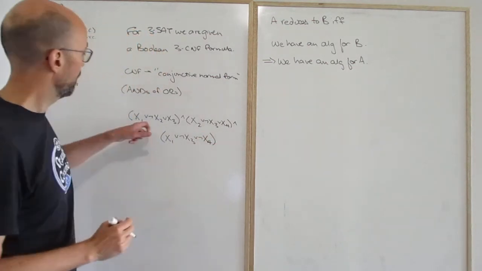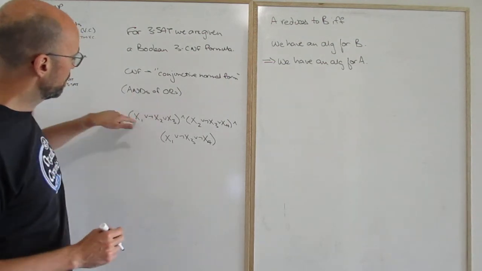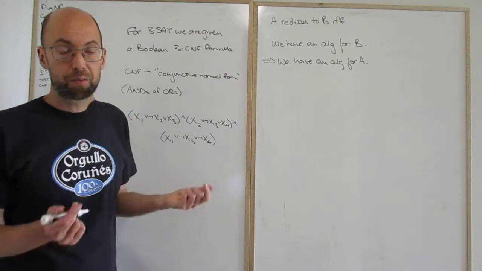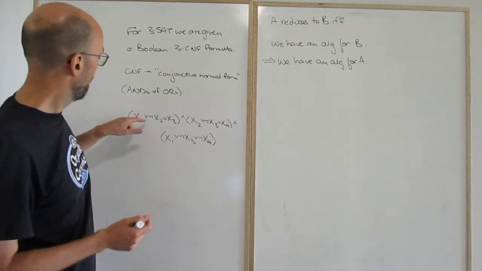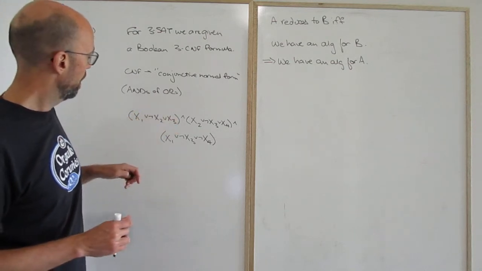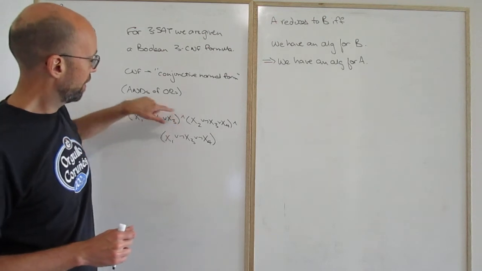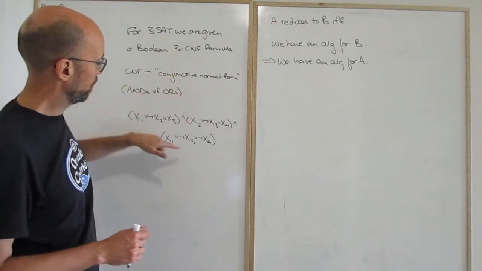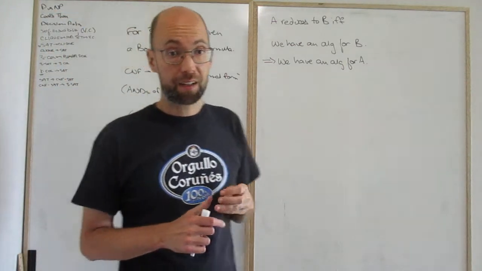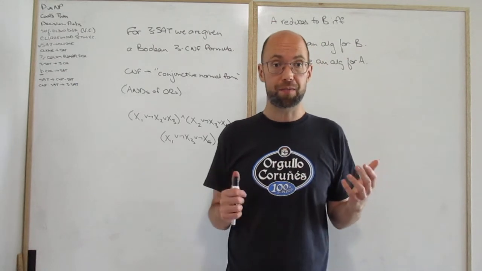Every clause, these are called clauses, has 3 literals, 3 variables, positive or negative. This is a not, this is an or, this is an and. Every clause has 3 literals ored together, and it's the and of the clauses. Okay? So this is called 3CNF.